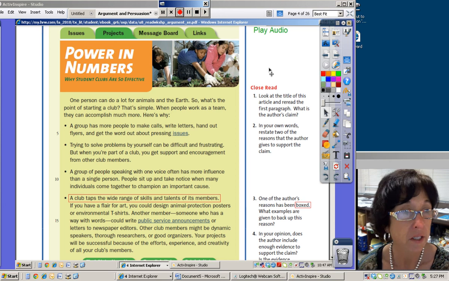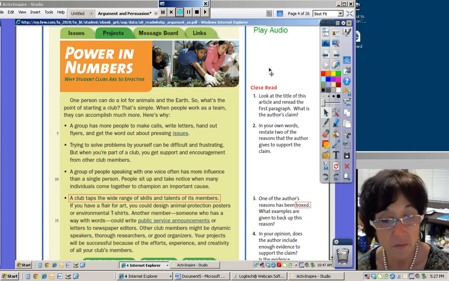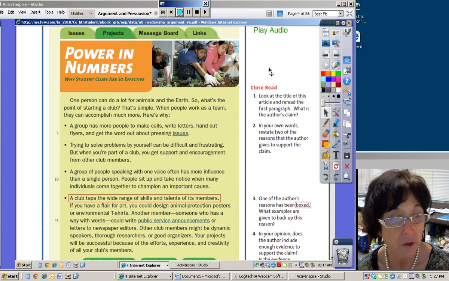Okay, looking here at the next page, you have an article. This is actually something that's come from the internet, like a screenshot of an internet page. What we're going to do is look at the title of this article and reread the first paragraph. What is the author's claim? So why don't you take a second, pause the video, and read the article quickly.